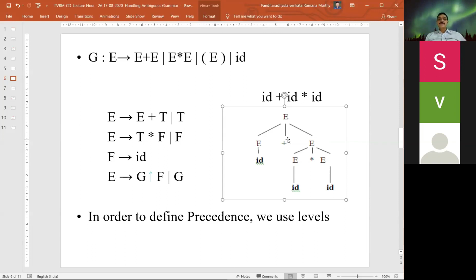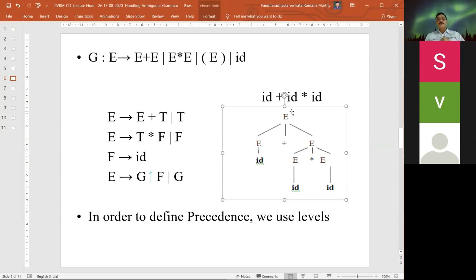Okay, right. So in order to perform this precedence, we use different levels. We define all higher precedence operations at the leaf level or innermost levels, and do all the lower precedence operations at the root level, or the higher-level intermediate nodes.